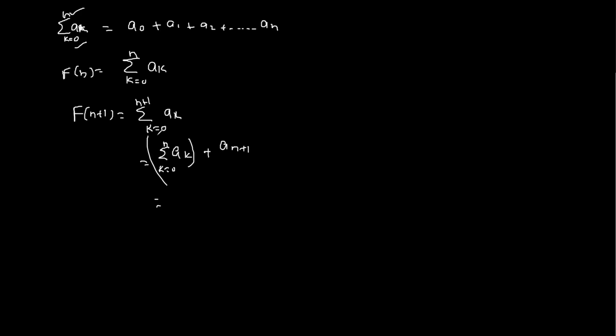You go from 0 to n, then the remaining term will be n plus 1. And you know this is f of n, and this is a raised to n plus 1.